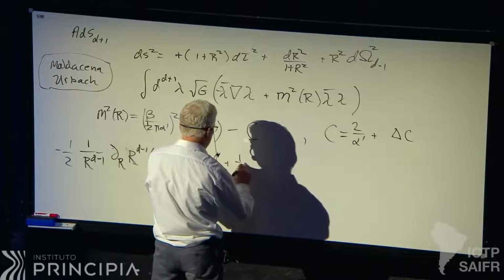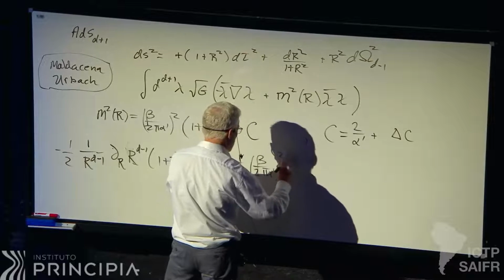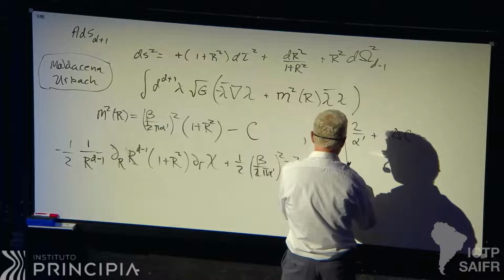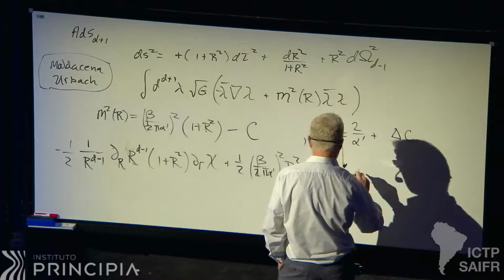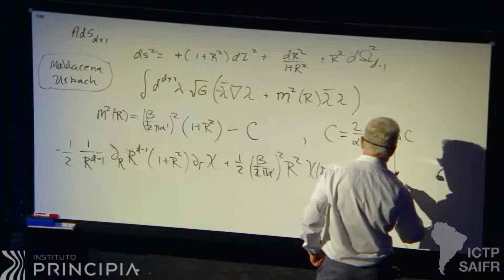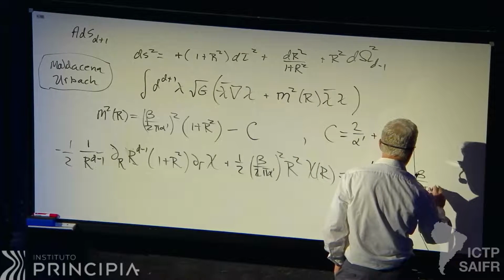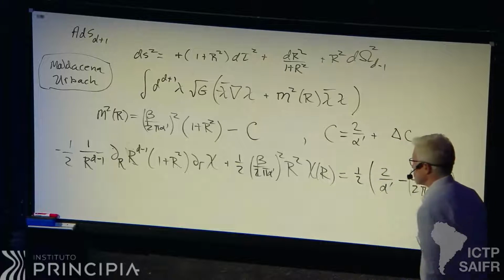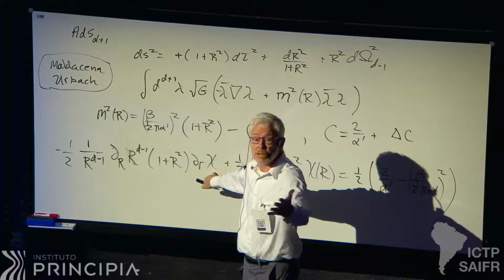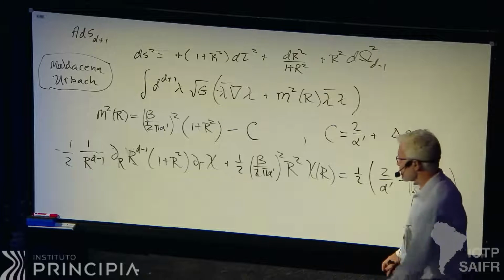Then plus a half times beta over 2 pi alpha prime squared, r squared times chi of r is equal to a half times this correction 2 over alpha prime. And then from this part over here, I'm also going to get a beta over 2 pi alpha prime squared, like that. Okay, so what I'm doing is I'm assuming that my chi that I'm solving for basically only has r dependence. So I'm looking for some profile where chi only has r dependence.